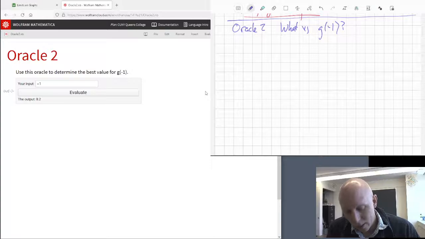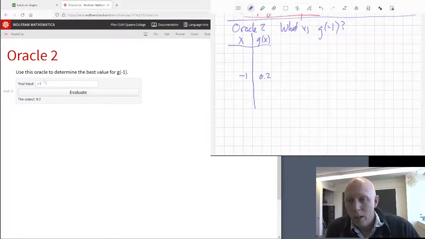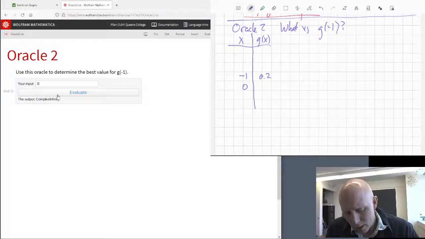Oh, we get an answer. When we plug in negative 1, we get 0.2. Oh, so maybe that's what the function is supposed to be. Let's try to plug in some other numbers. 0 gave us infinity. That's not a number, but we'll take that data.